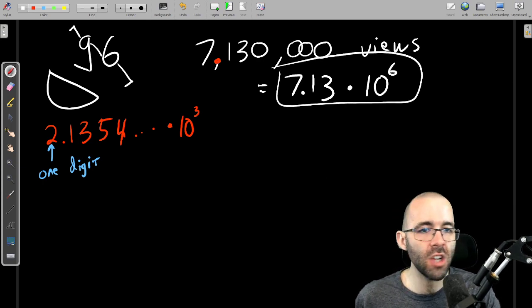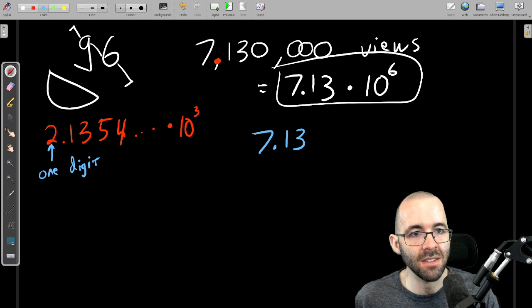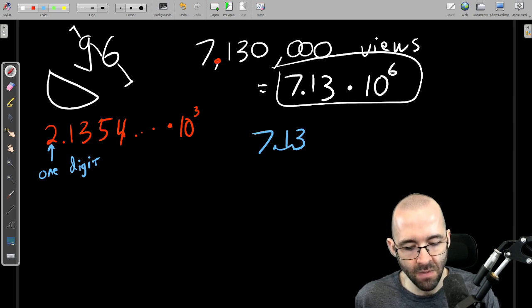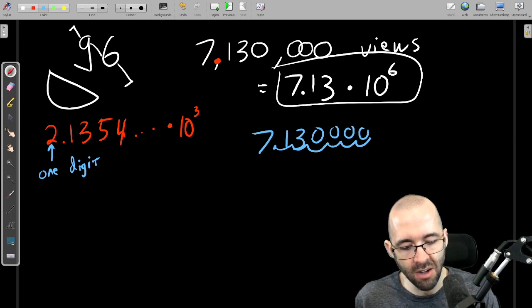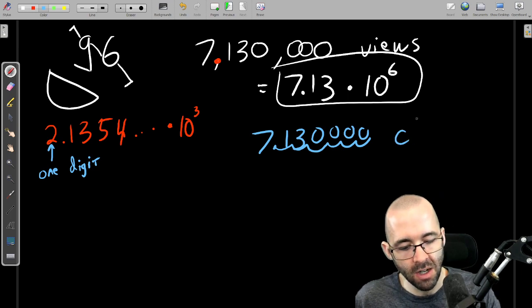And we can always check our answer by going the opposite direction. Times 10 to the 6th means 6 zeros. 1, 2, 3, 4, 5, 6. Is this the same number that we started with? Yep. It is. So we can always check our answer.